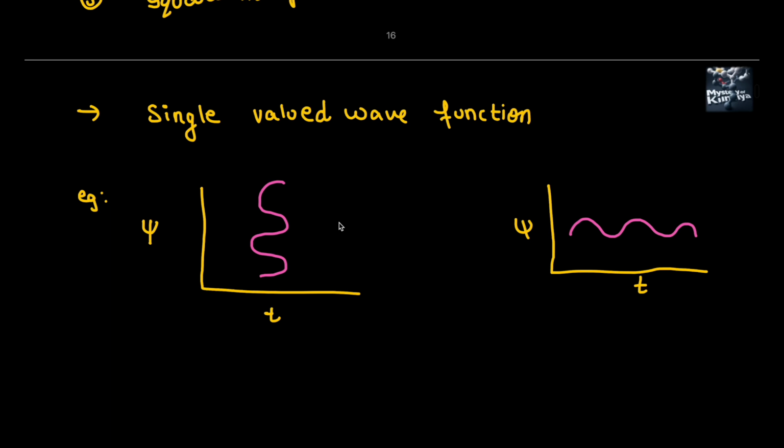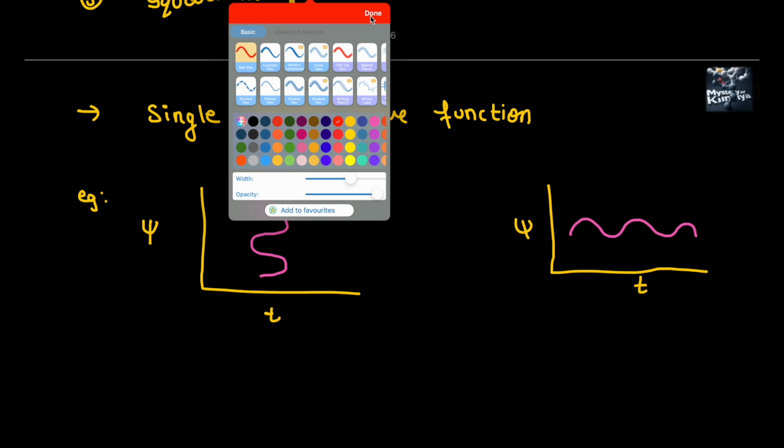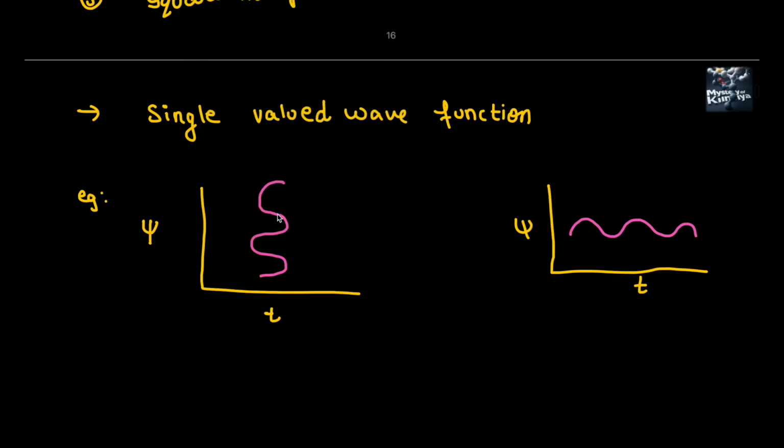So which one would be acceptable for us? The very first one is not acceptable for us, because at a particular time we can have many values of this function. It means at a particular time the electron could be anywhere, it can have any amplitude, so it should not be true, right?